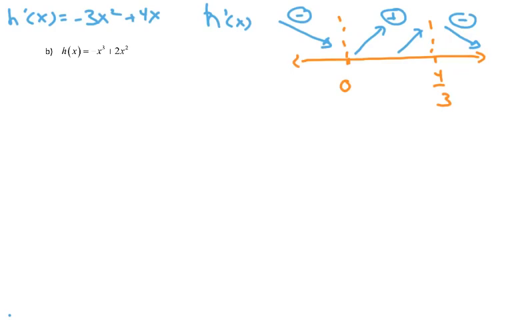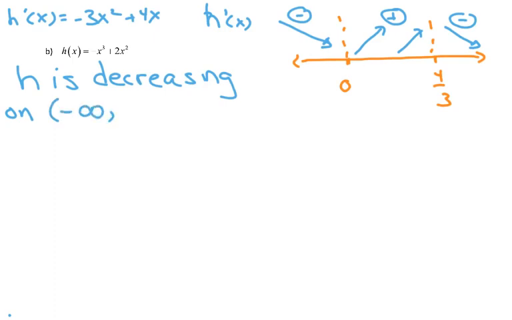Okay, so we need to write down the intervals on which H is increasing and decreasing. So I would say it like this. H is decreasing on negative infinity to 0. That's this open interval here.